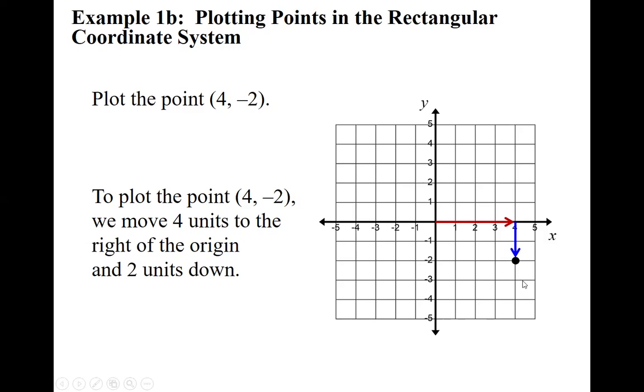And the fourth quadrant is what we call the lower right. So positive, positive is in quadrant 1. Negative, positive is in quadrant 2. Negative, negative is in quadrant 3. And positive, negative, like this point 4, -2, is in quadrant 4.